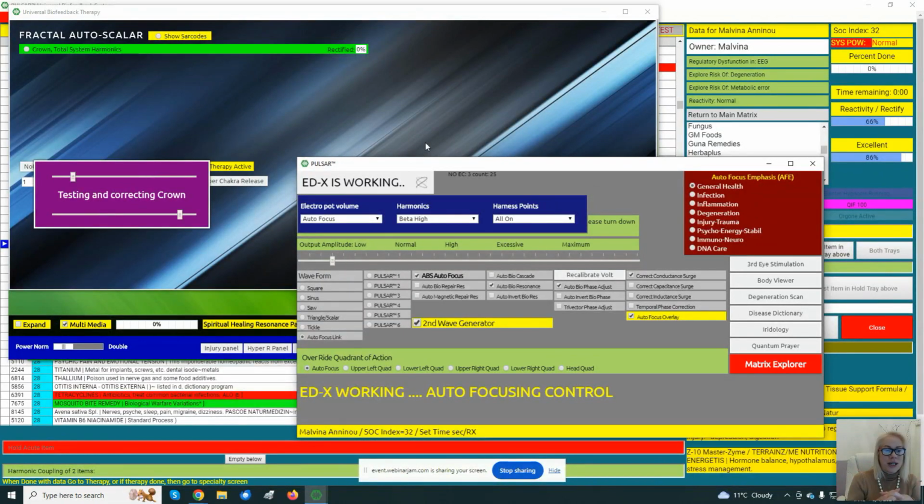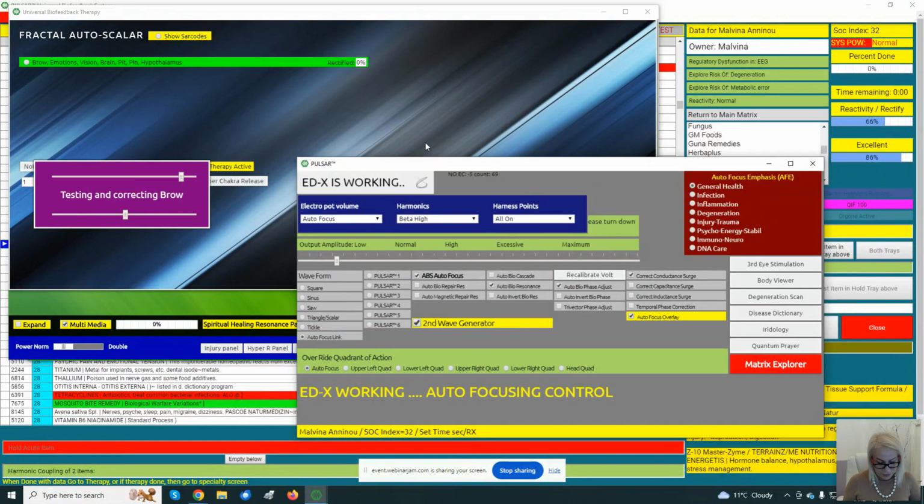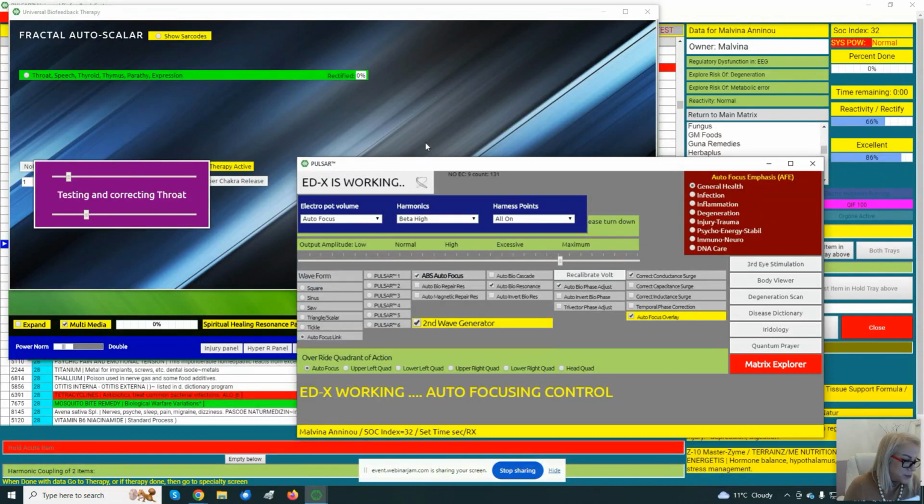But every information does count, and it does give us information. So let me just go over this with you. Remember to let me know if you have any questions.